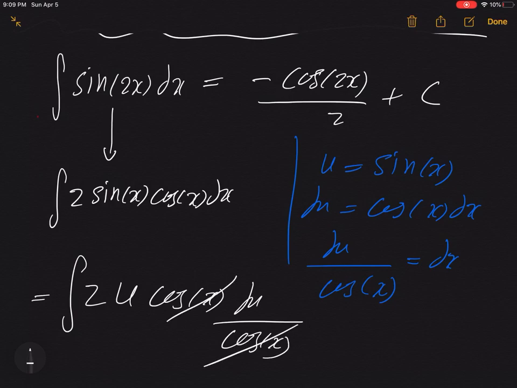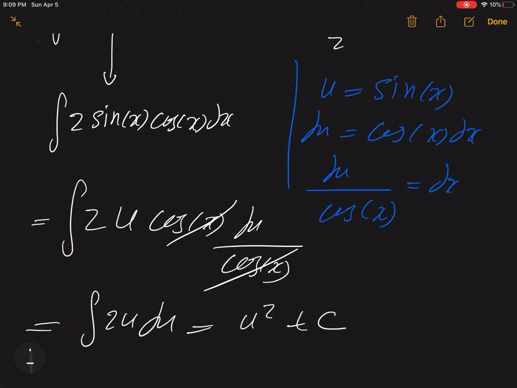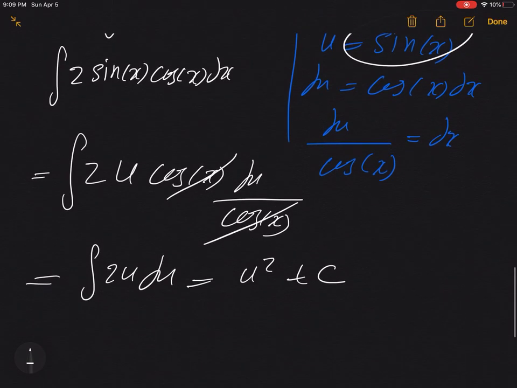So this becomes the integral of 2 u cosine of x times du over cosine of x, so the cosines cancel, and we are integrating just 2u du, which evaluates to u squared plus c, but u is sine, so this is just sine squared of x plus c.